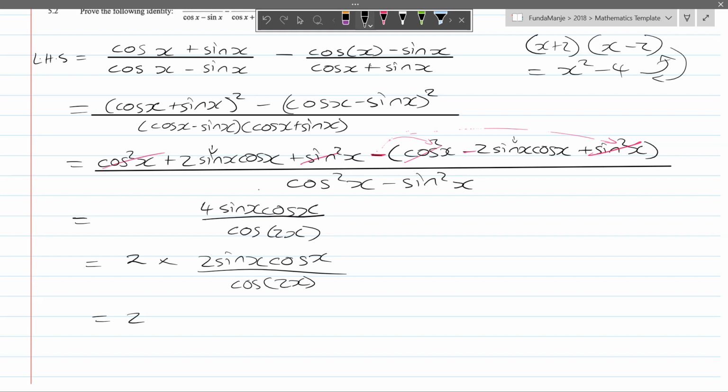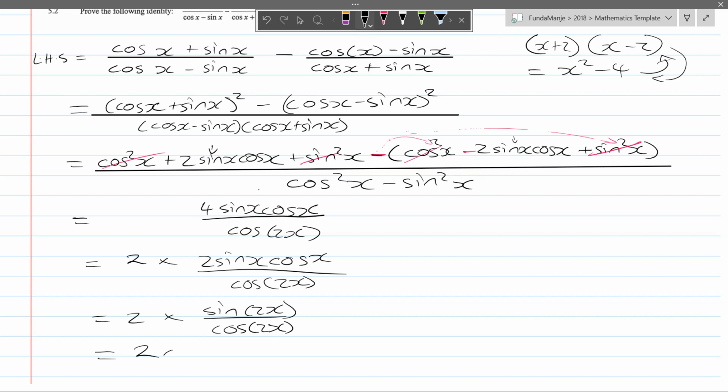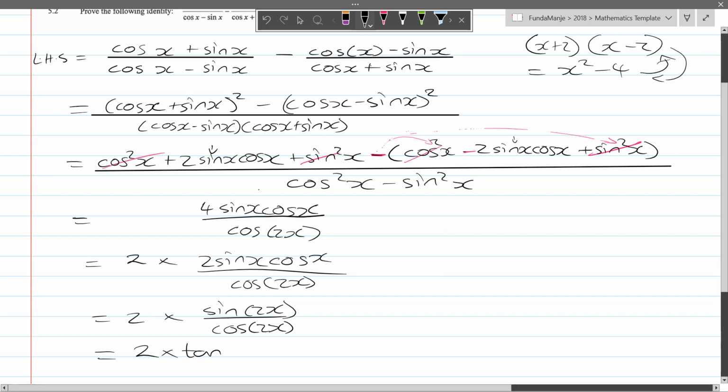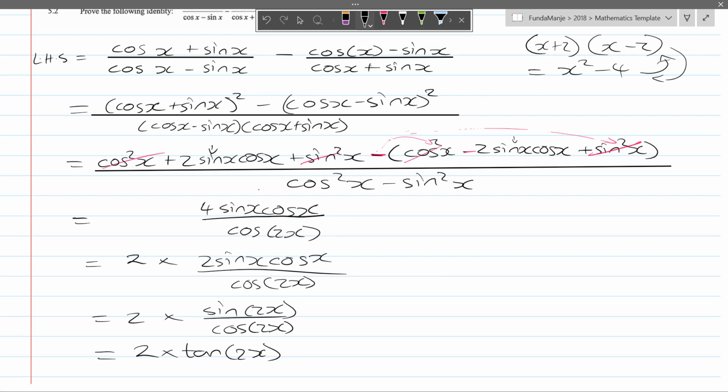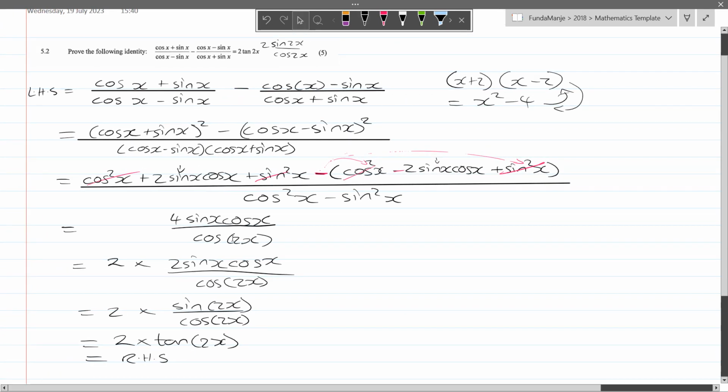So that's going to be 2 times sine double angle over cos double angle. Then this is going to give us 2 times tan double angle, and that is equal to the right hand side as we were trying to prove earlier. 2 times tan 2x.